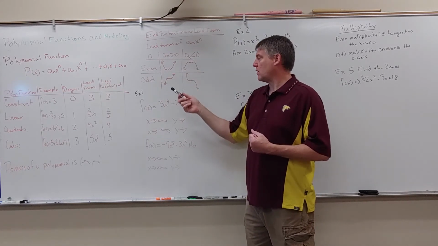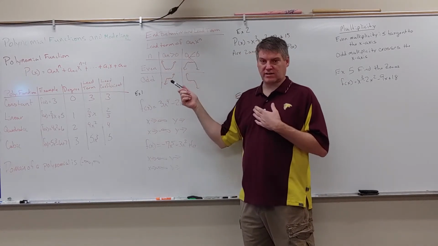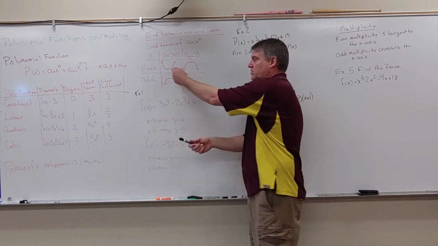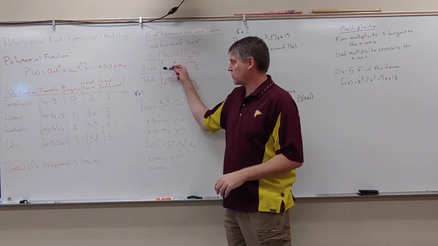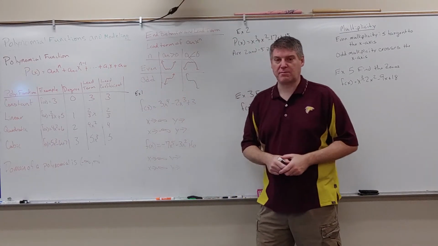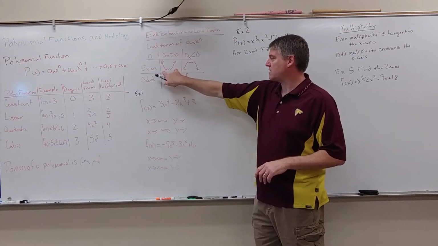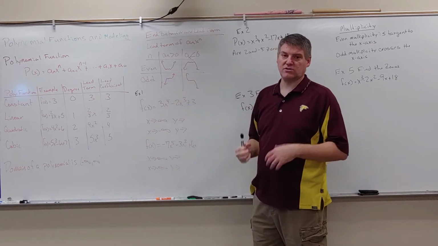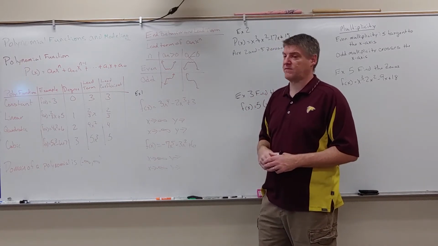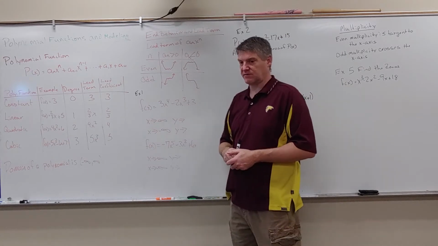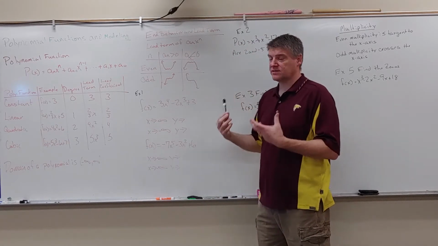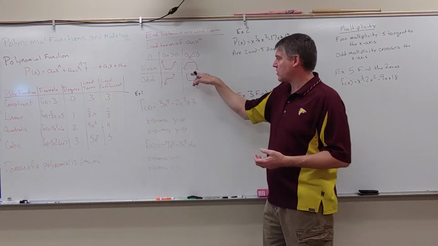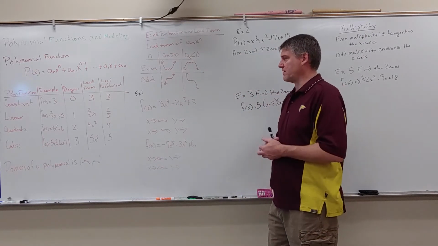So we talk about as x is going to infinity, so as x is going this way, what's happening to y? And as x is going to negative infinity, what is happening to y? Well, if a sub n is positive, as x goes to positive infinity or negative infinity, y is still going to positive infinity. If a sub n is negative, they're both going to go down, so they're both going to go to negative infinity.